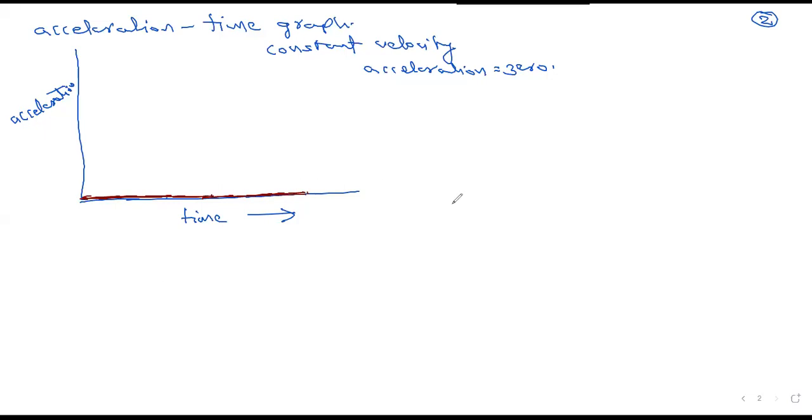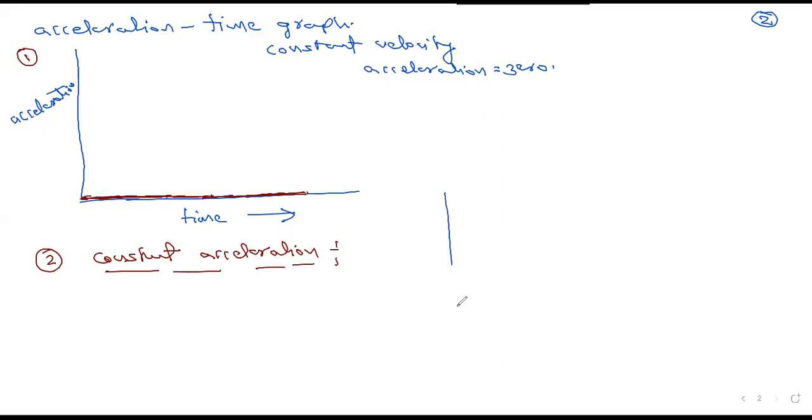This is number 1, but when you say constant acceleration, it means for each value of the time, acceleration will remain constant.